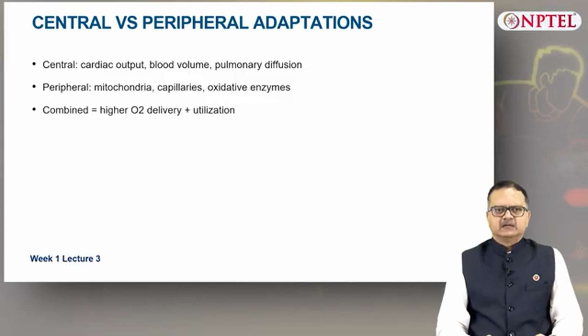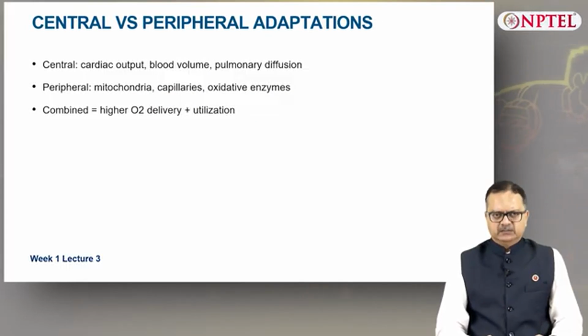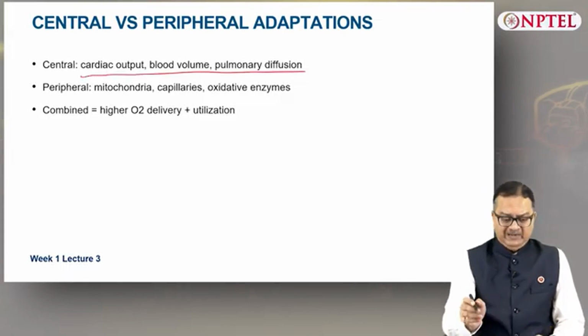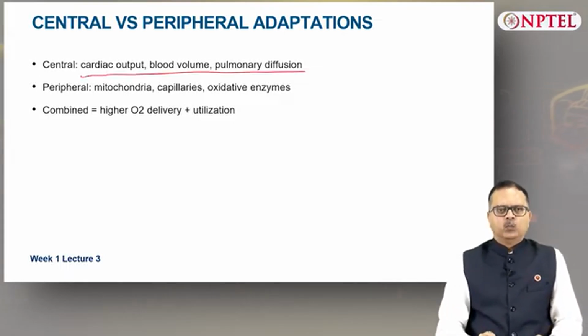There are some central and peripheral adaptations to aerobic conditioning. In the central adaptations, you have improvement in cardiac output, variations in blood volume, and improvement in pulmonary diffusion of oxygen and carbon dioxide.